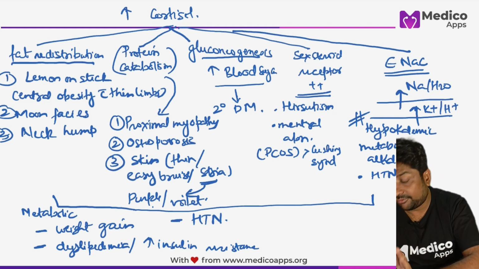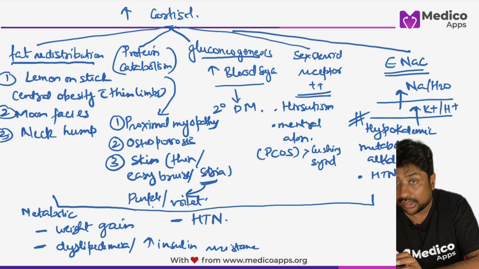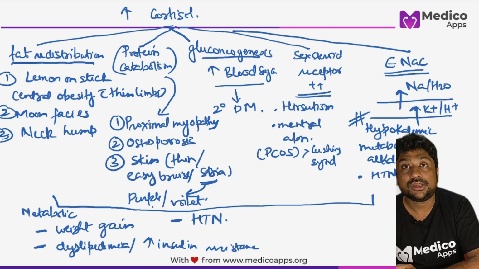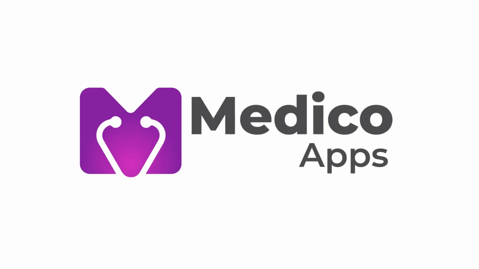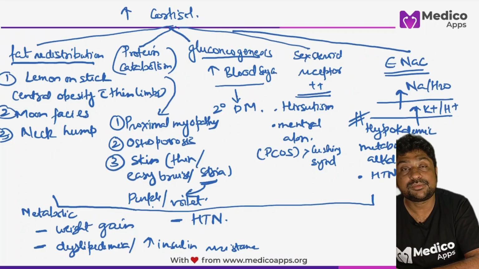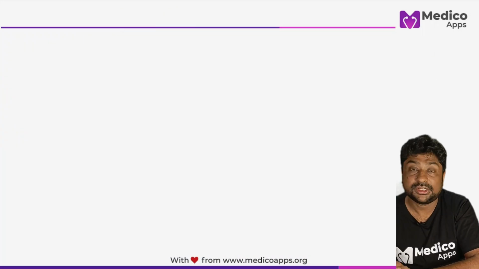So this is a very logical way I have tried to explain what will be the increased cortisol manifestation in these patients. So fat redistribution, protein catabolism, gluconeogenesis, sex steroid receptor stimulation, and ENaC or aldosterone receptor stimulation. So all these are the various pathogenetic mechanisms and clinical features of Cushing syndrome.